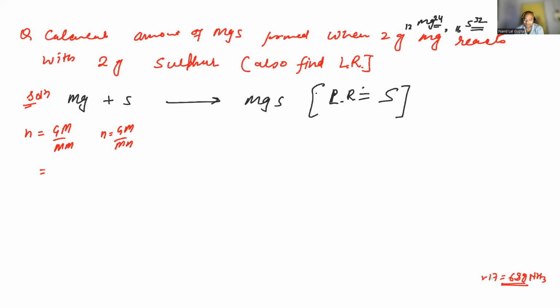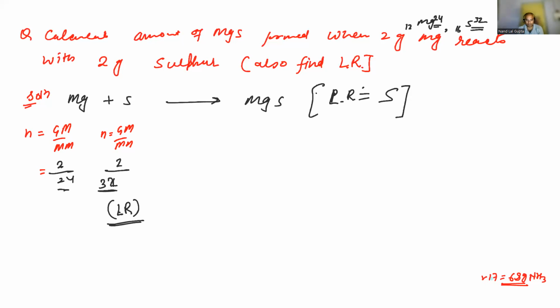Yes. Okay, let's try to solve. Given mass is 2 gram, molar mass is 24. Here is 2 gram and here is 32. The numerator is the same, and the denominator is more here and less there. So this is going to be the limiting reagent.